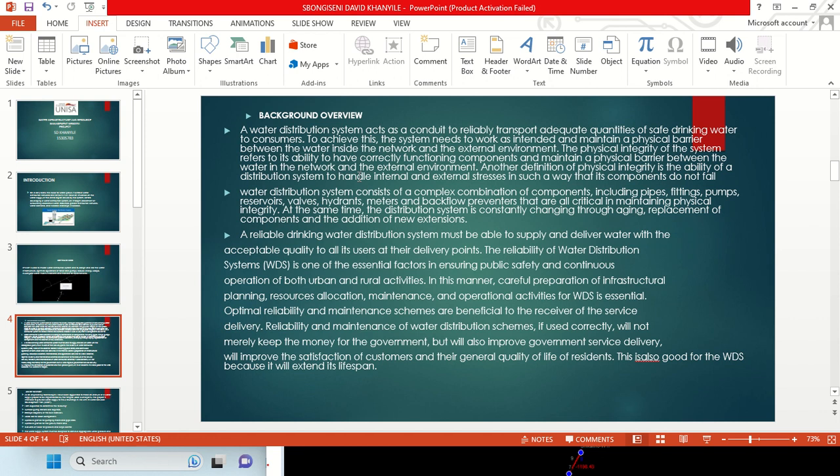Another definition of physical integrity is the ability of the distribution system to handle internal and external stresses in such a way that its components do not fail.